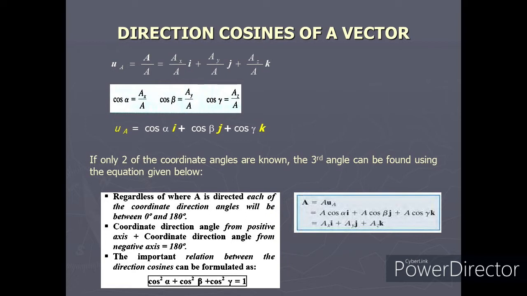So we can express the unit vector either in terms of the scalar components of the vector or in terms of the direction cosines or the direction angles. In which case it will become cos alpha i plus cos beta j plus cos gamma k.